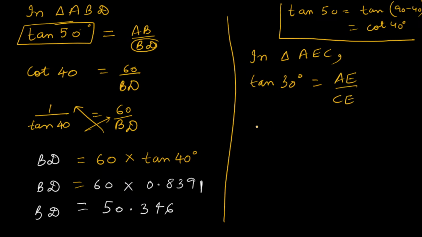So tan 30's value we know. In decimals, if you see from the textbook, what's the value of tan 30? One value is 1 by root 3, but for the direct answer in the form of decimals, it's given to us in the trigonometric table.